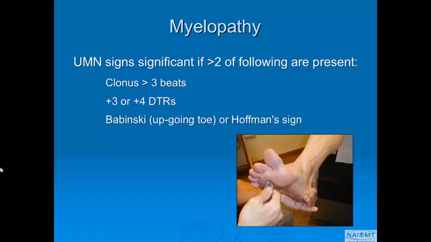An upgoing toe response in our plantar responses, such as Babinski, or a positive Hoffman's sign, thumb flexion upon flicking the third finger. In the presence of 2 or more of these findings, refer back to the physician.